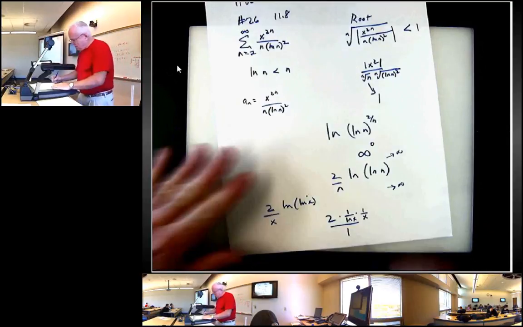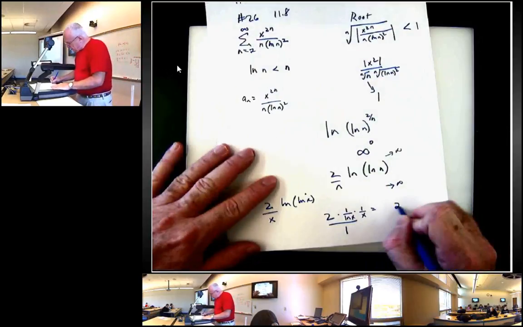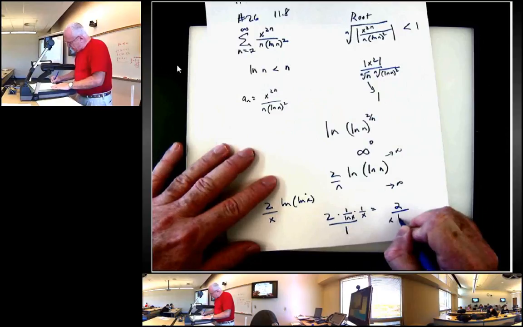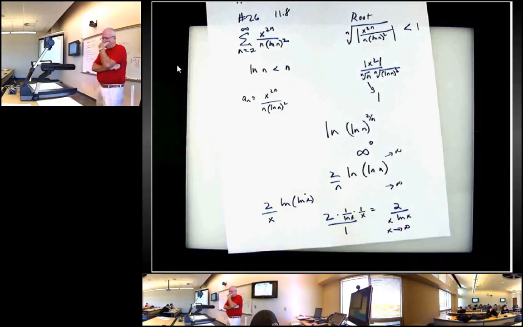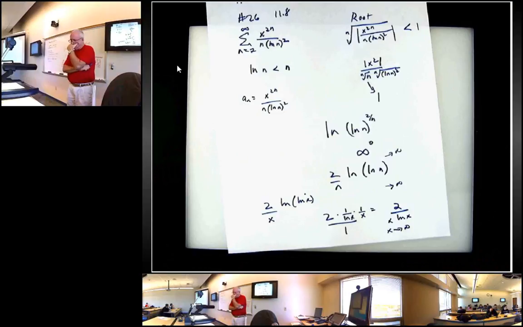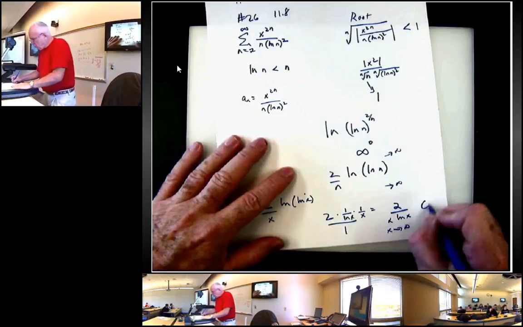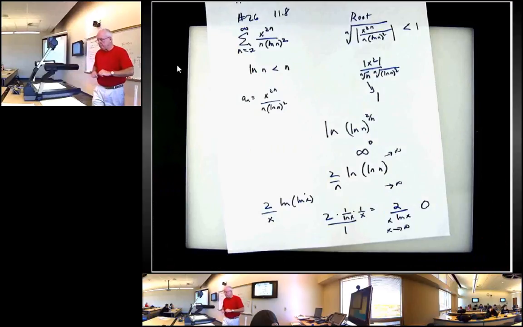So what we have here then is 2 over x ln of x, as x goes to infinity. I think that's right. Which is 0. Down to 2 over n. Well, ln of n is 2 over n.